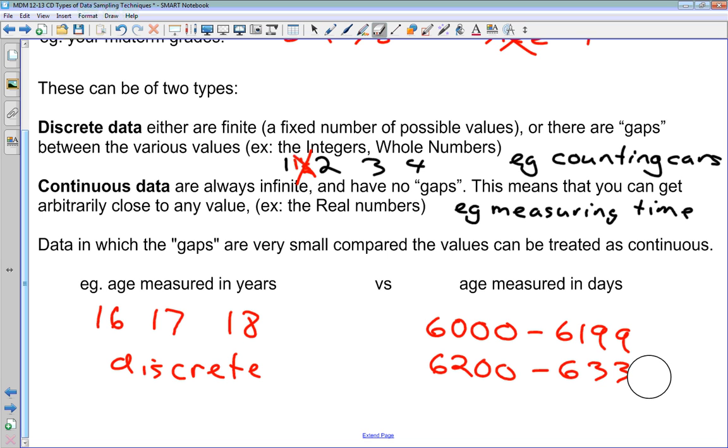So in that regard, we might regard this as continuous data, because our gap is a gap of 1 day relative to something that we're measuring somewhere up there in the thousands. So a little bit of a subtle distinction between discrete and continuous data.